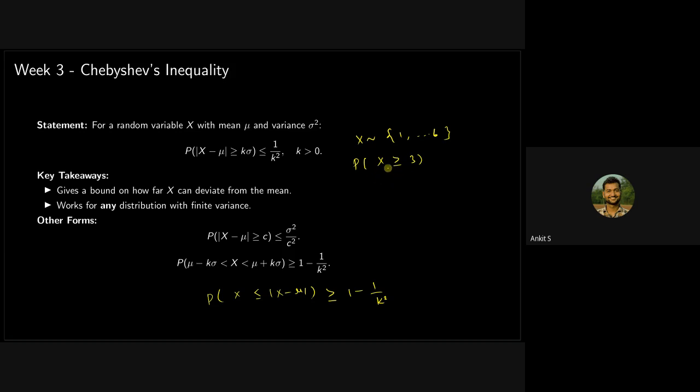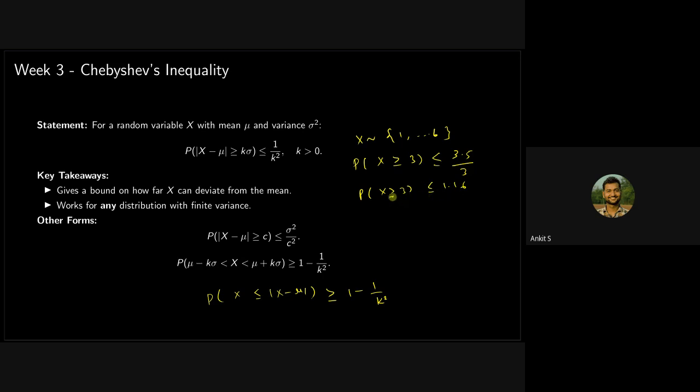First of all, let's apply Markov's inequality. It will be upper bounded by the mean divided by c, where c here is 3. So the probability that x is greater than or equal to 3 is bounded by this.